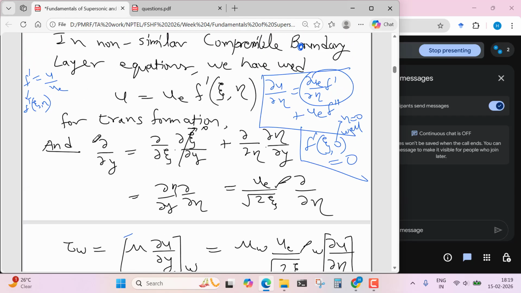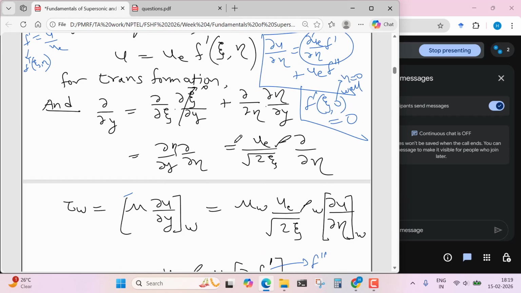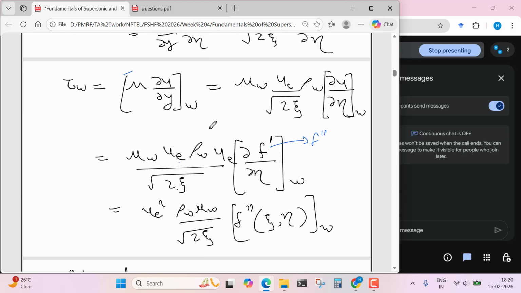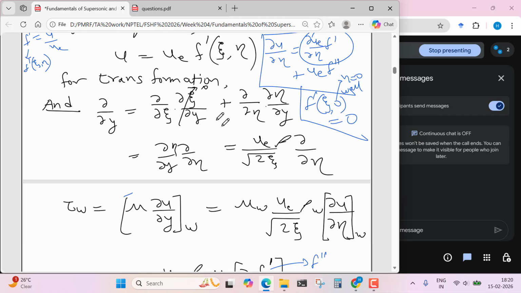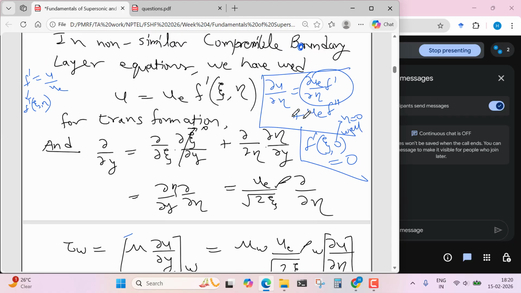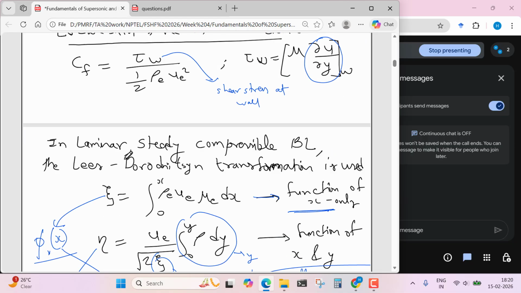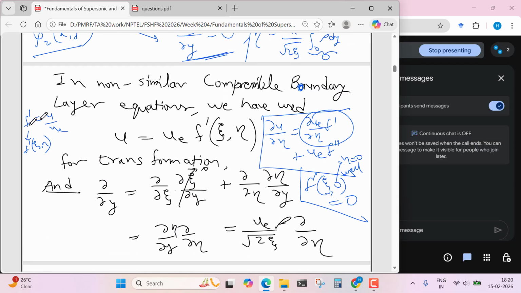Now you see this function: f dash is equal to u upon ue.